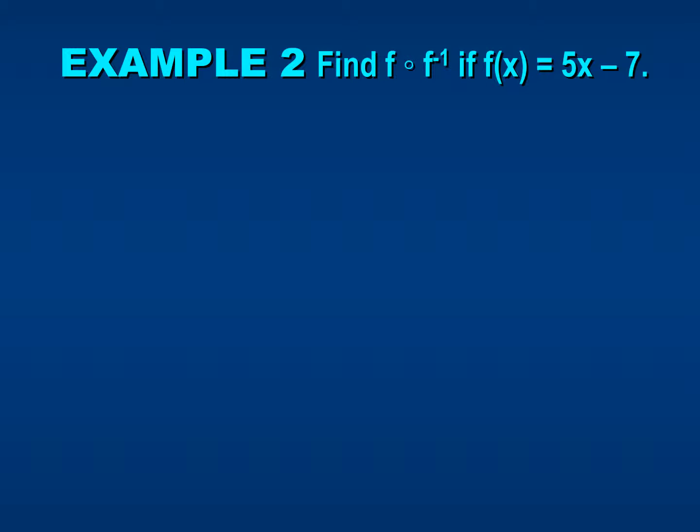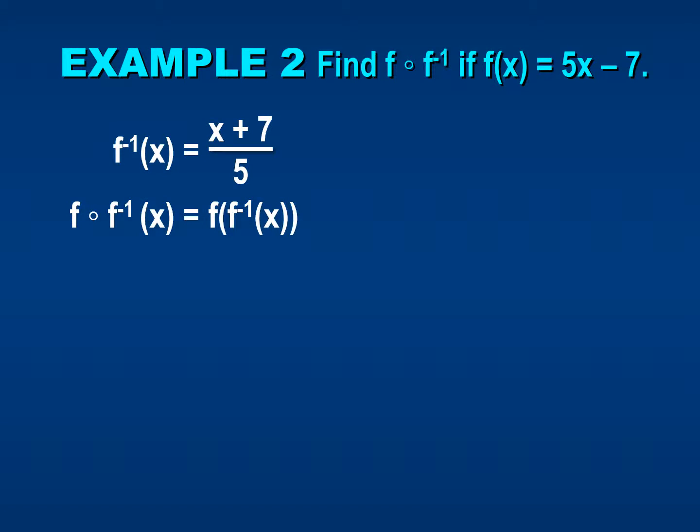All right, so let's try to prove that our inverse, f inverse of x, is x plus 7 divided by 5. Let's try to prove that that's the inverse of 5x minus 7. To prove that's the inverse, we're going to do f composed with f inverse. So we're going to take our inverse and substitute it for x in our f of x.